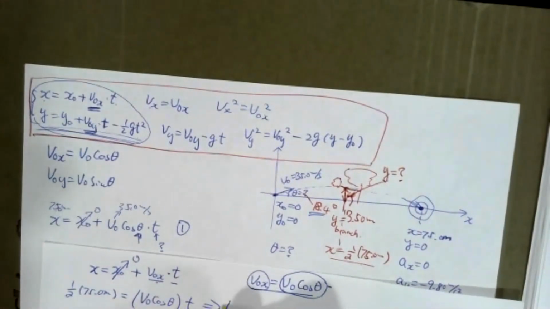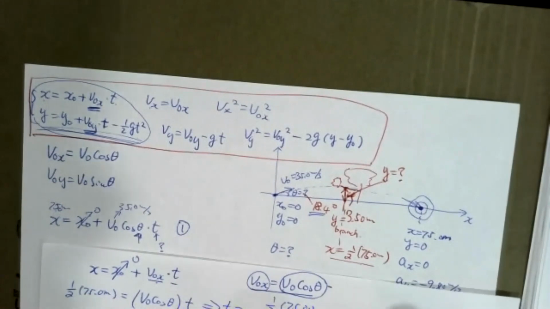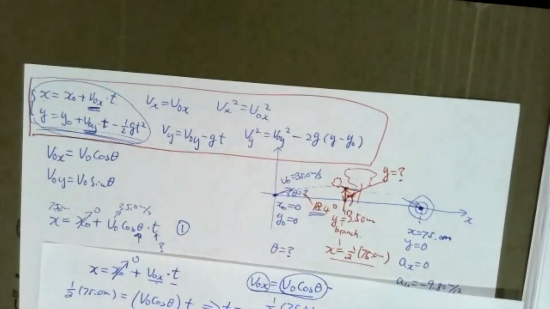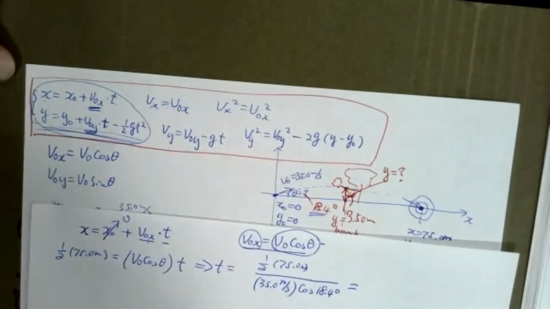So my t should be equal to half of 75 over v0 times cosine theta, the 35.0 meters per second times cosine of 18.4 degrees. Then I can solve for my t.